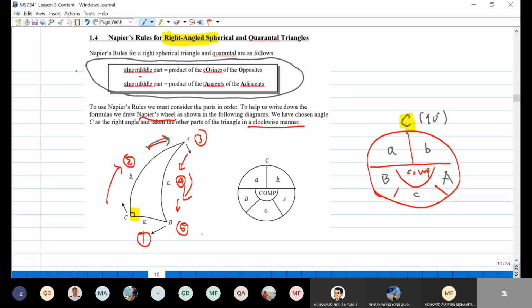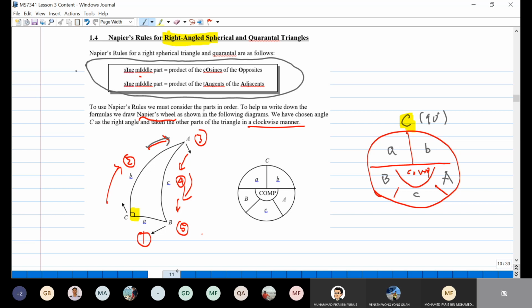The rules are very simple, 2 rules only. Sine of the middle part is the product of cosine of the opposite. Sine of the middle part is the product of the tangent of the adjacent.